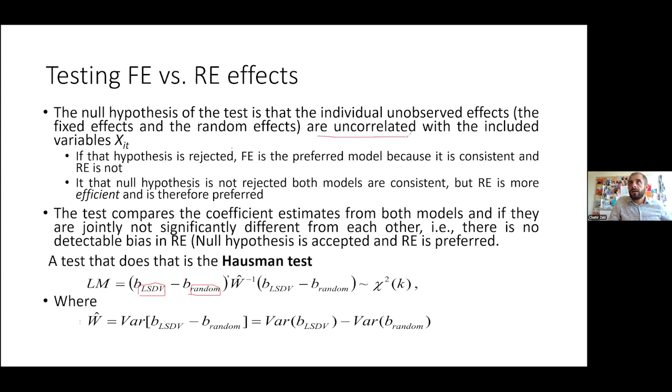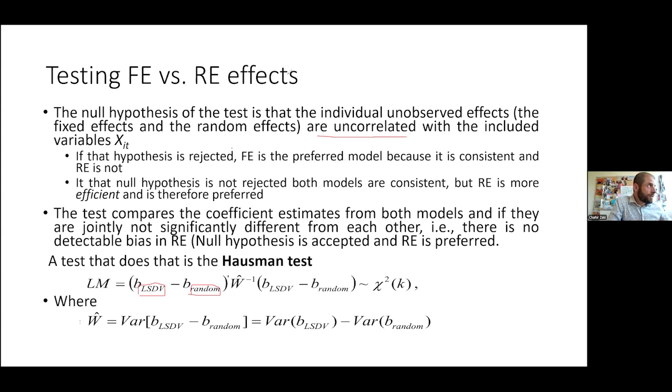And if they are correlated, I cannot rely on the random effect, because the random effects model needs the assumption of orthogonality between x and u, which is not verified, and therefore I will have to rely on the fixed effects model. So if I reject the H0 of the Hausman test, I will have to use the fixed effects and not the random effects.